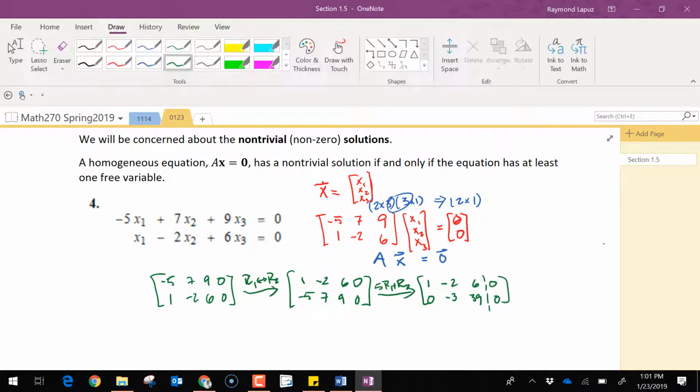So to do that, we look row by row. We look at the first non-zero element. The last row has a 0 on the left, and the first non-zero element is in the second column. So I'll have a pivot column here, and then I also have a pivot here.